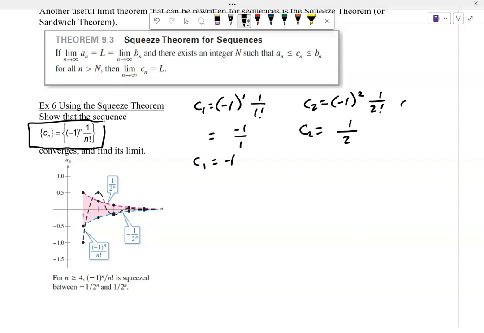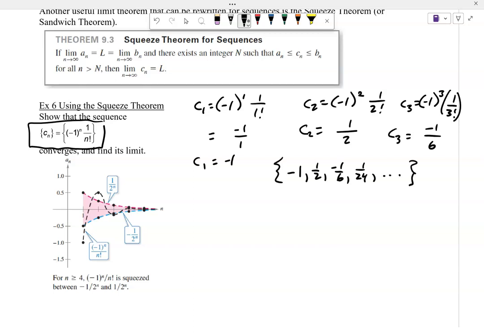The third term, negative 1 to the third, is 1 over 3 factorial. So I've got negative 1, and 3 times 2 times 1 is 6, so I got negative 1/6. Okay, so let's list this. Negative 1, then a half, then negative 1/6. The next one would be 1/24, and so on, right? Here's the sequence, just to get a feel for it.